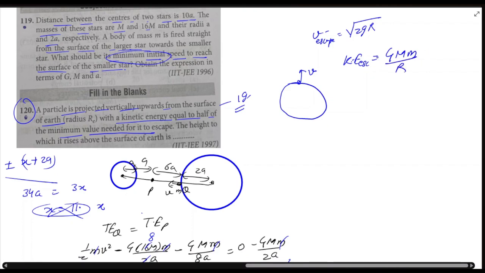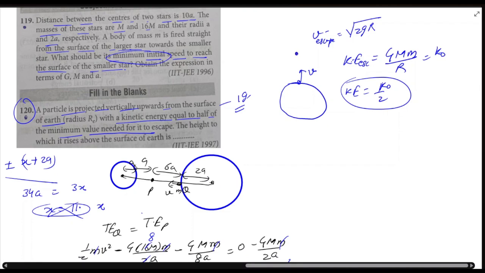So this was the kinetic energy required to escape. We are given half of this kinetic energy, let's say this is K naught, so this is K naught by 2, and we need the height to which it is raised.